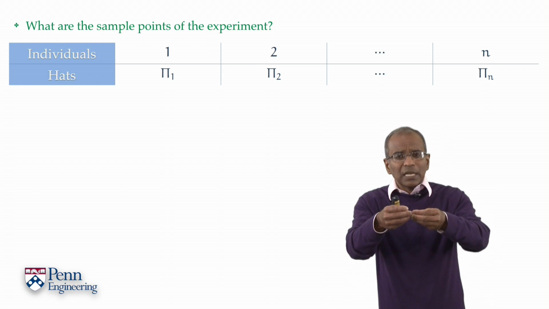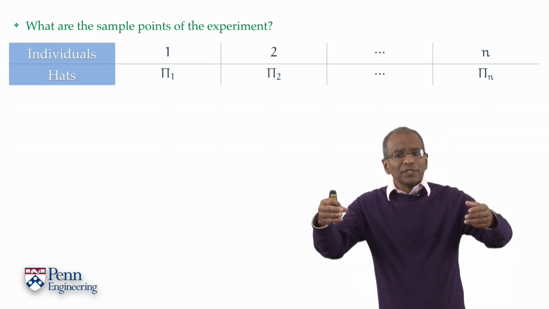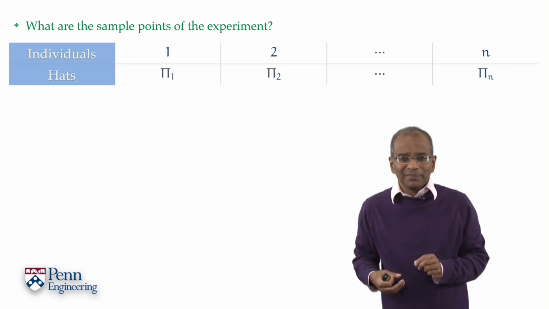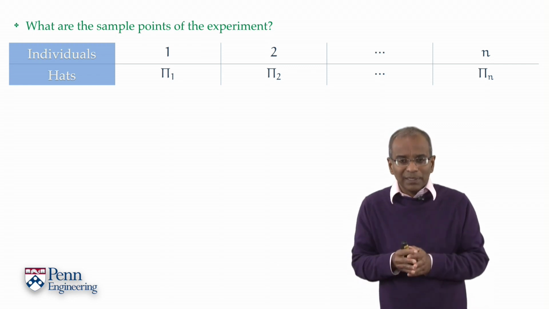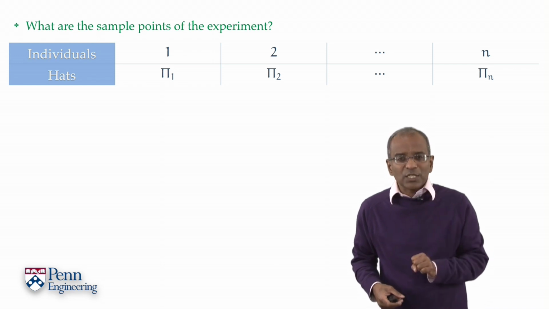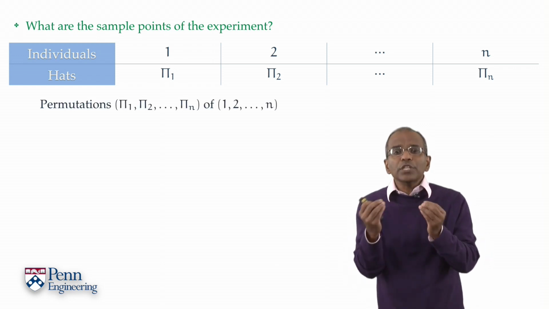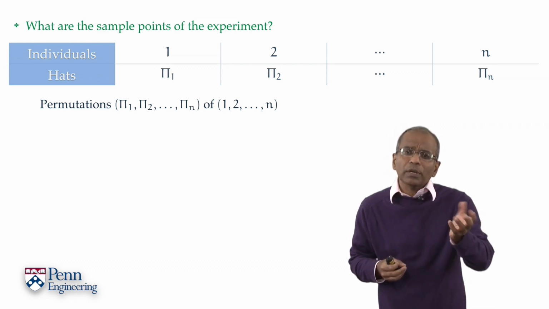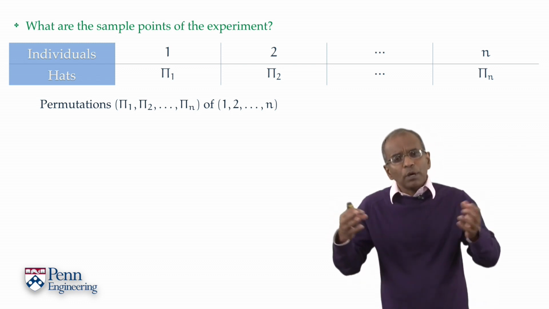What can we discern about the numbers pi 1 through pi n? Well, each of them is a number from 1 through n, and no two numbers are the same. The same hat can't go to two people. In other words, we've discovered that the sample points of this experiment are permutations of the numbers 1 through n, and that explains the nomenclature, why I chose pi, for permutation, of course.